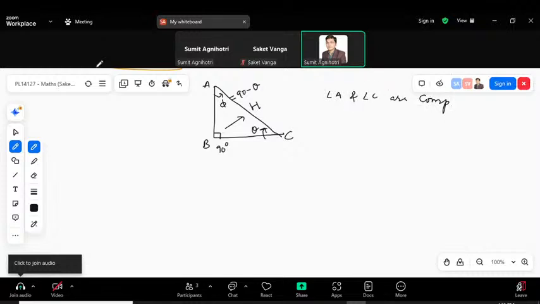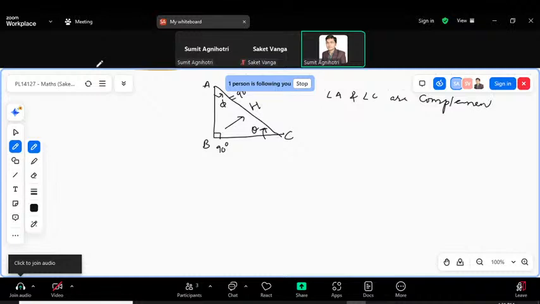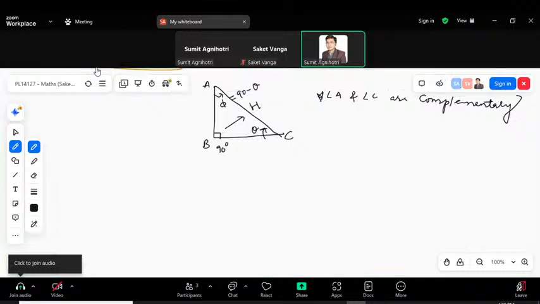Do you know why I'm saying they are complementary? Is it okay for you that angle A and angle C are complementary? Yeah, because their sum is 90 degree, that's why we say they are complementary.